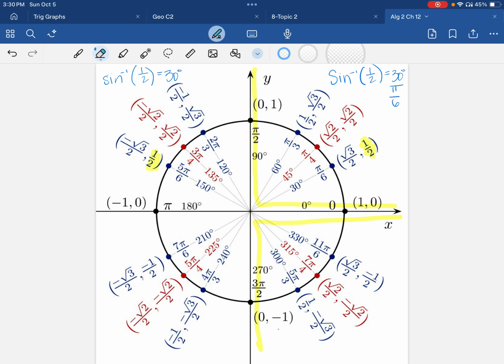So it's going to happen at 30 plus all coterminal angles with that, and it's also going to happen at 150 and all coterminal angles with that. An infinite number of angles as possible answers here. When we really only want one answer, it has to be our principal values in quadrants 1 or 4.